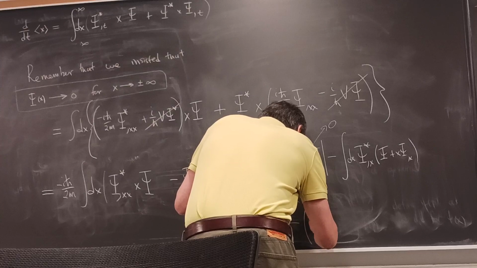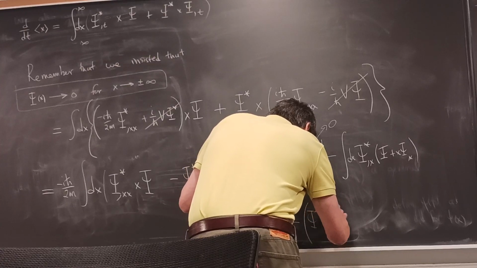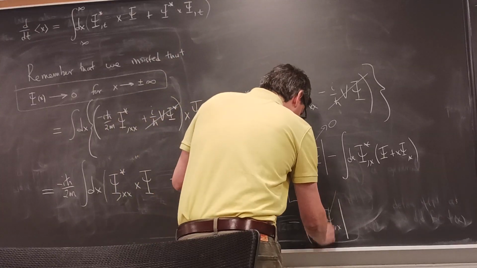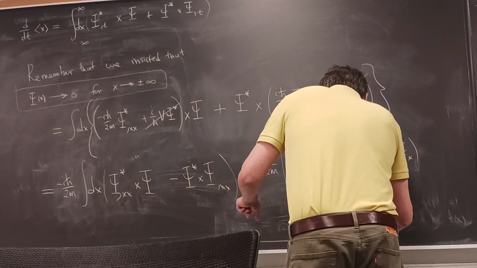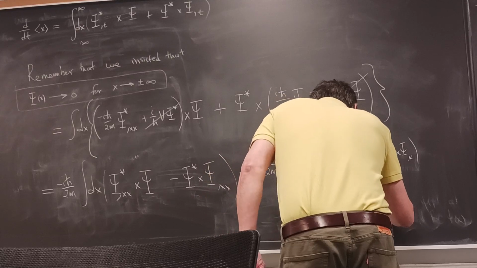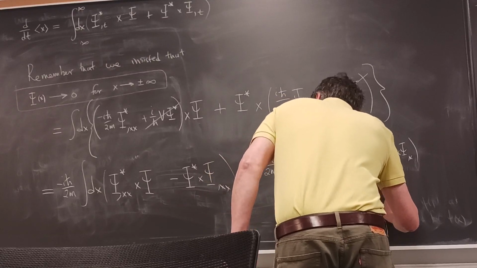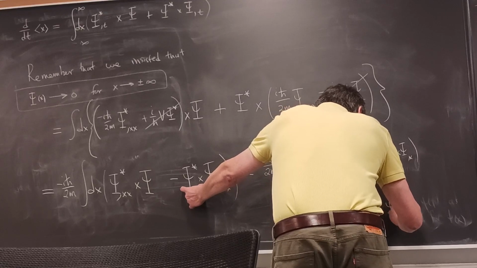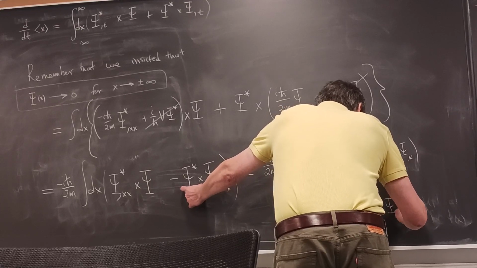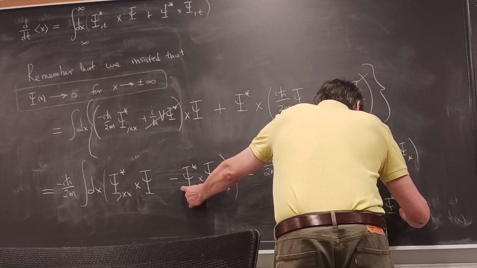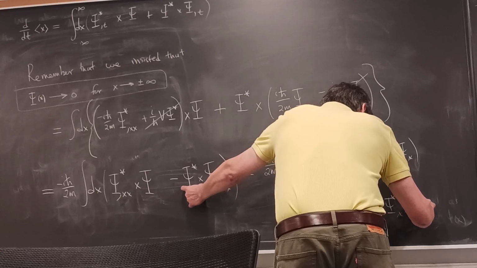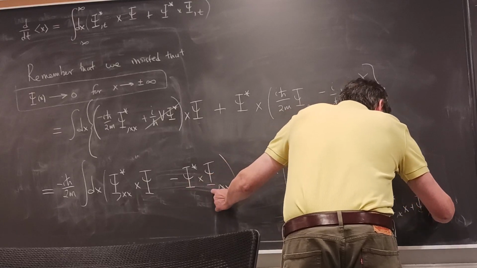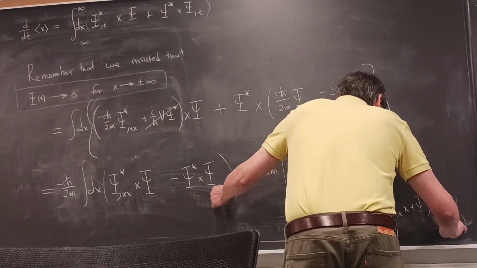So I'll have psi star x psi comma x evaluated at the endpoints, so that goes to 0, minus now the integral over dx of taking the derivative of this. I'll have psi star comma x x plus psi star times psi comma x.